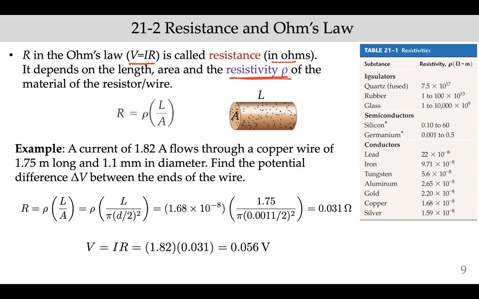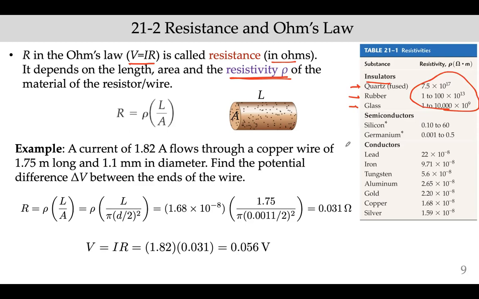For example, insulators are the class of materials that do not allow the current to flow. For example, quartz, rubber, glass, as you can see, the resistivities are huge. And it makes sense, they don't conduct electricity.